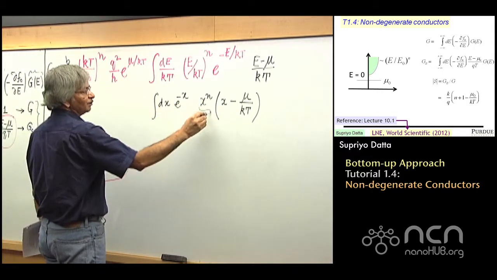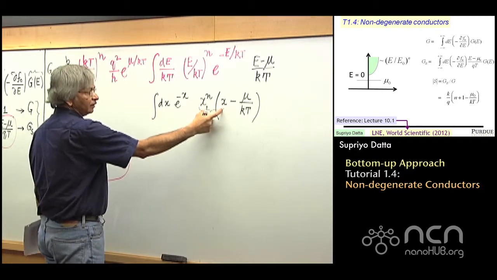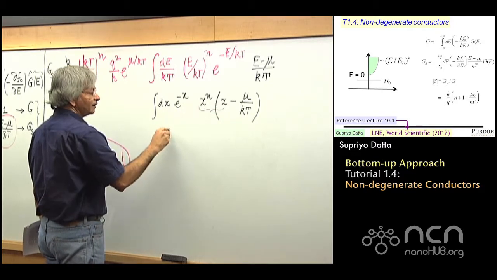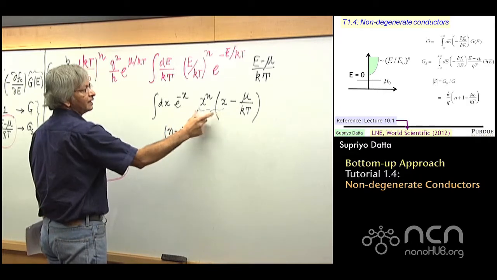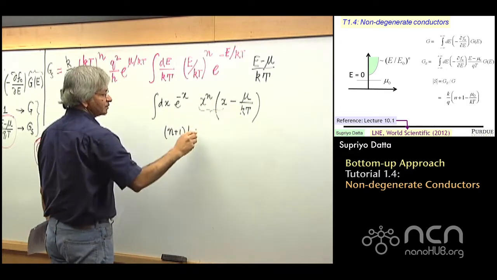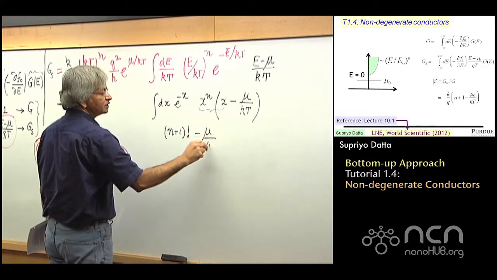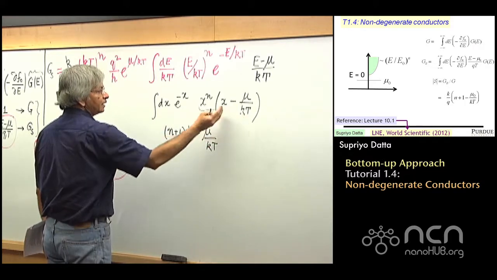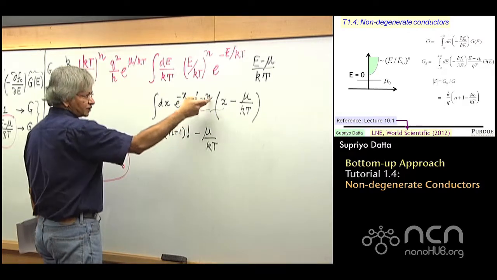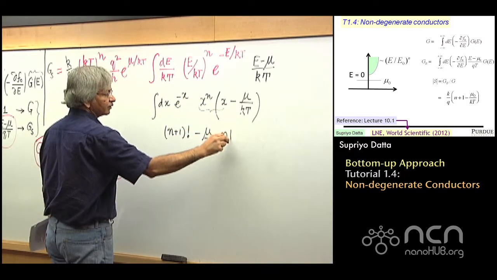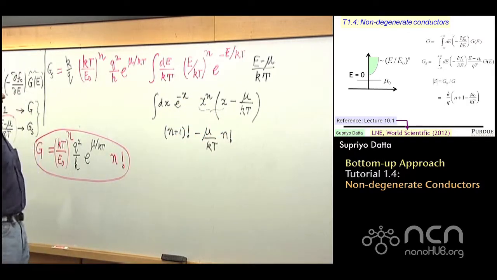One is the first term, which is x to the power n plus 1. When I integrate it, I get factorial n plus 1. That's the first one. And then there's the second one, where it is minus mu over kt, which is a constant, times the same integral but with x to the power n. So that's n factorial.